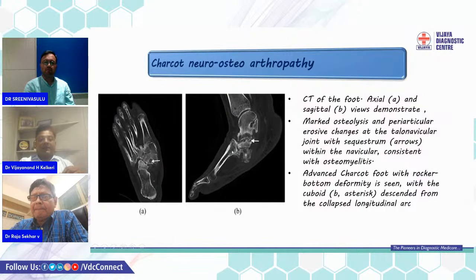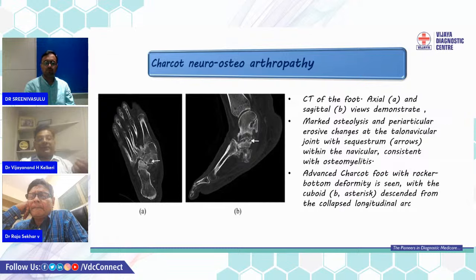This is another example. Other than all the points I explained, what you can see here is a small lytic area and then a small sequestrum, which suggests it is a case of osteomyelitis. This is one of the additional features which CT can give in the case of overlapping bones.